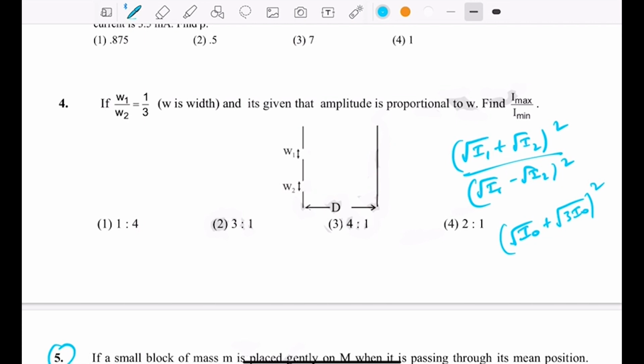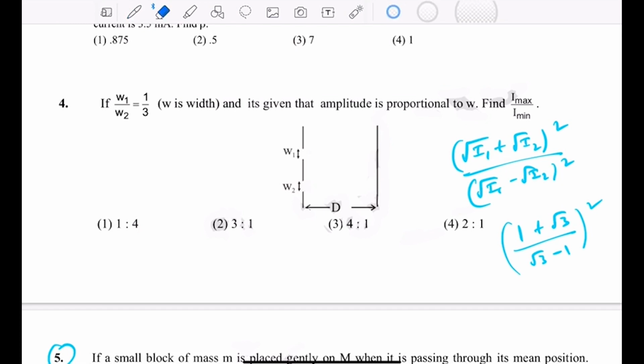Let me check it. I naught common, so this is I naught into 1 plus root 3 by root 3 minus 1 whole square. So here, something is going wrong.